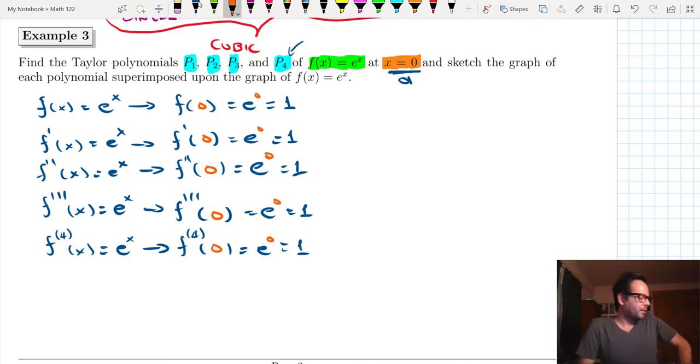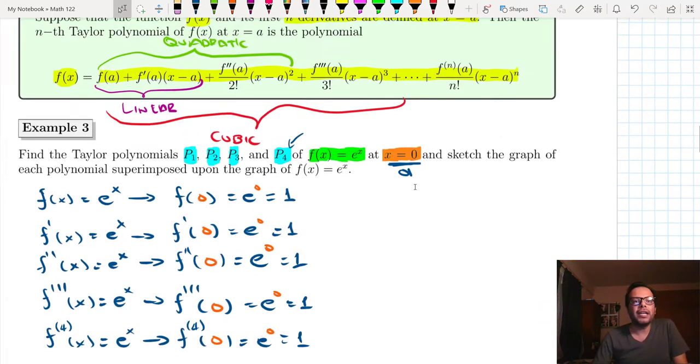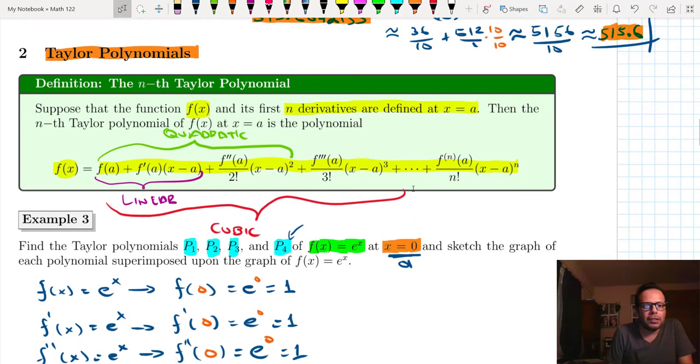All right. Okay, so I am going to write number 1. They're asking us to find the first degree polynomial P1. Okay, how are we going to express P1? P1 will be the Taylor expansion using the first two terms. Remember how we highlighted that the linear is going to be the first two terms?